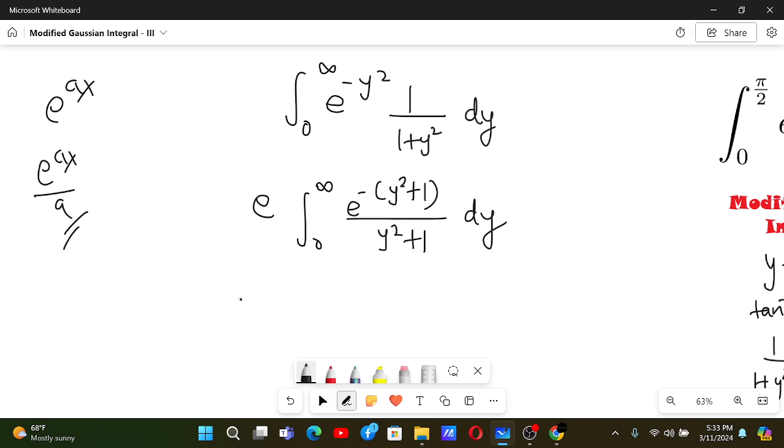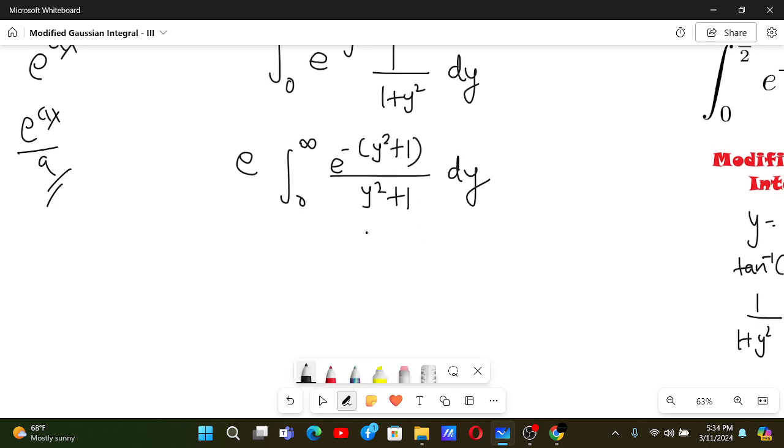Observing that, I will try to write this in terms of an integral and interchange the integrals, because most of the time interchanging integrals makes things simpler. So I will write this as the integral of e to the power minus y square plus 1 times t, dt, such that y square plus 1 is a constant, and the integral from 1 to infinity dy.